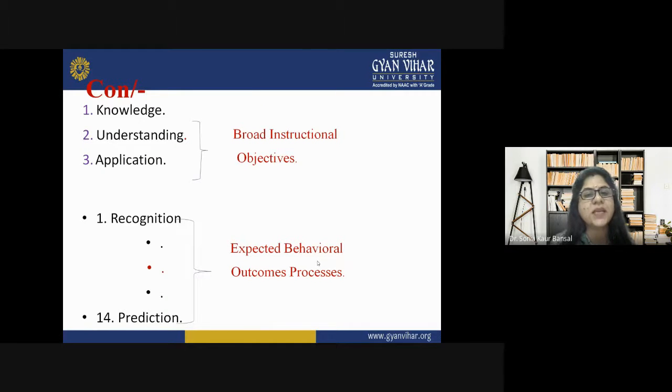Now, knowledge, understanding, and application are called broad instructional objectives. Then recognition to prediction are actually put into the category of expected behavioral outcomes.